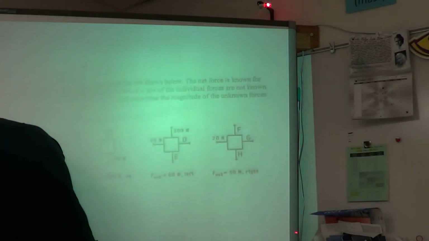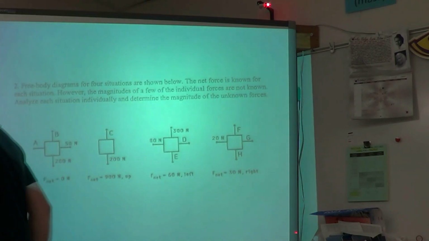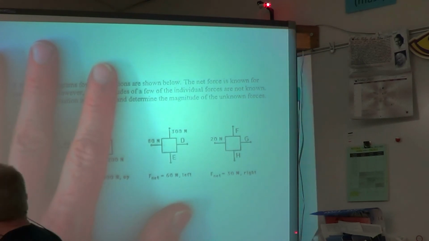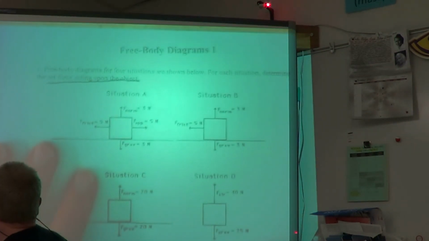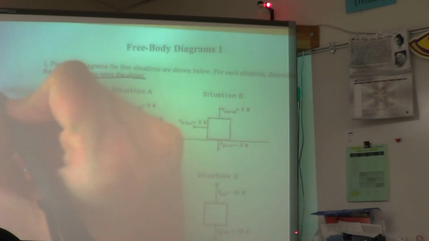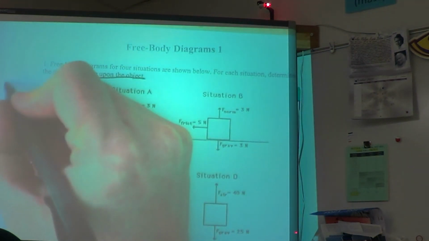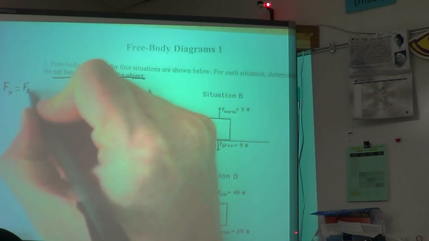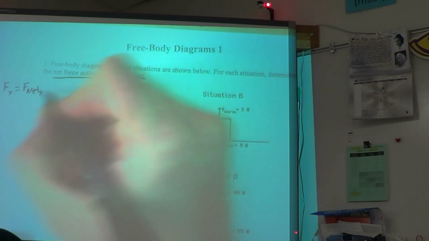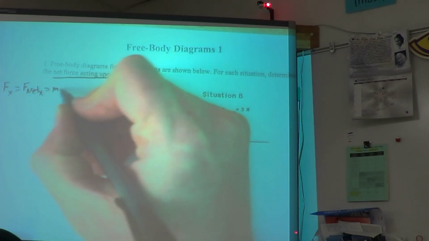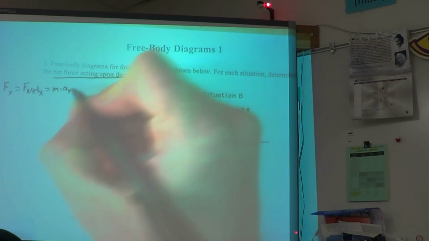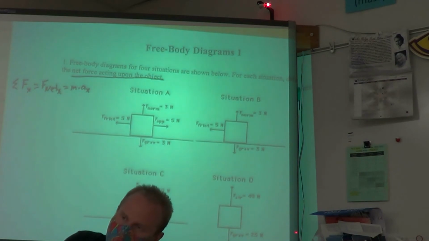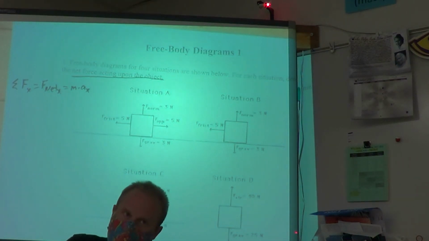So when we try to determine the net force acting upon the object, what I'm really asking you to do is find the sum of all your forces in the x direction, which is equal to the F net in the x direction, which is equal to mass times acceleration in the x direction. And I need to do this for my x forces independently from my y forces.